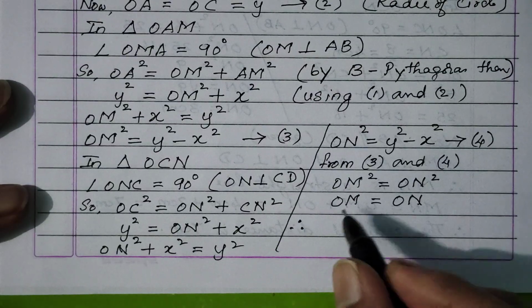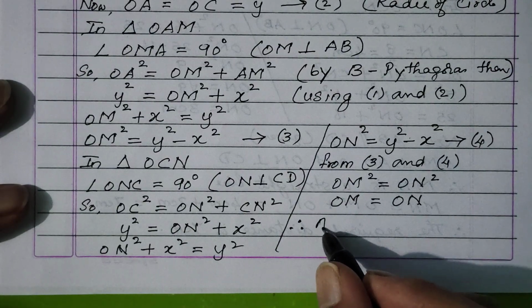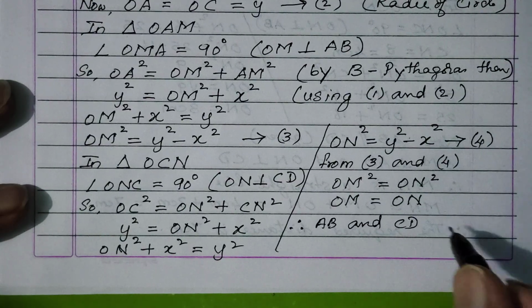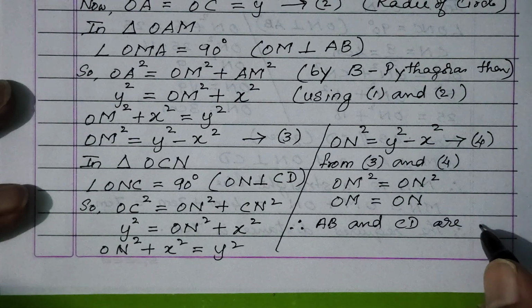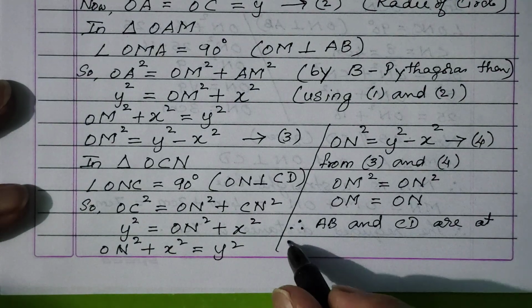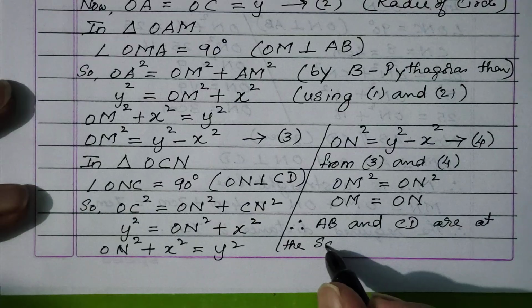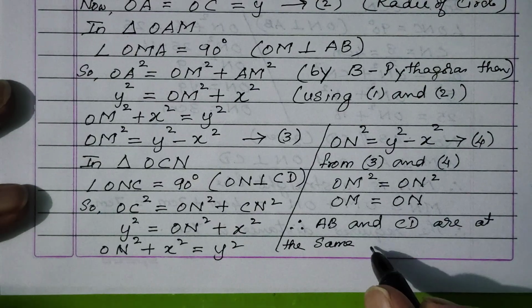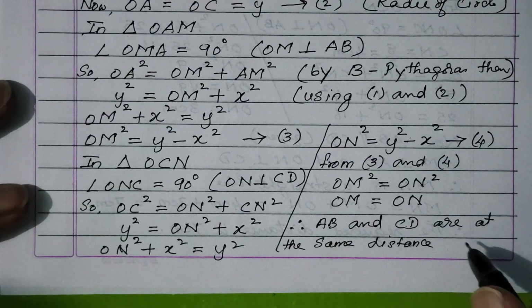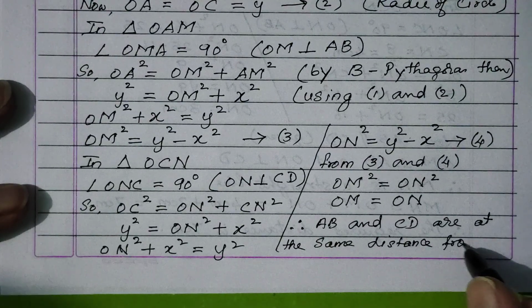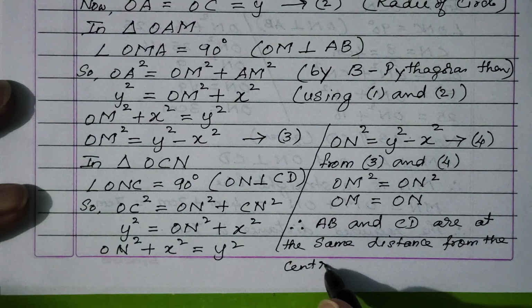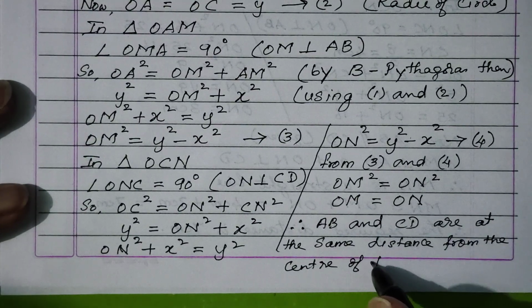Therefore, AB and CD are at the same distance from the center of the circle.